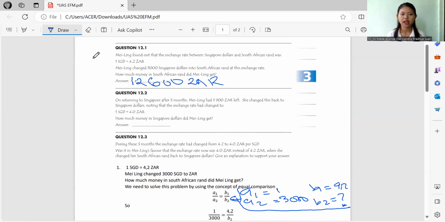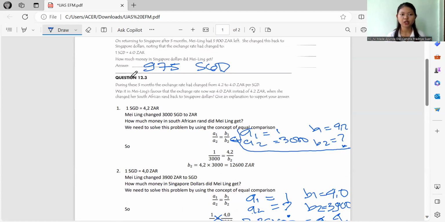So for question number two, Mei gets 975 Singapore dollars, or SGD.